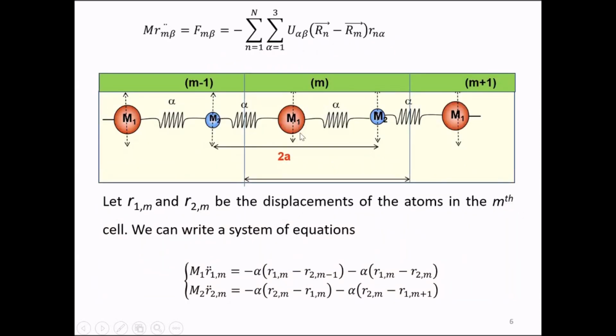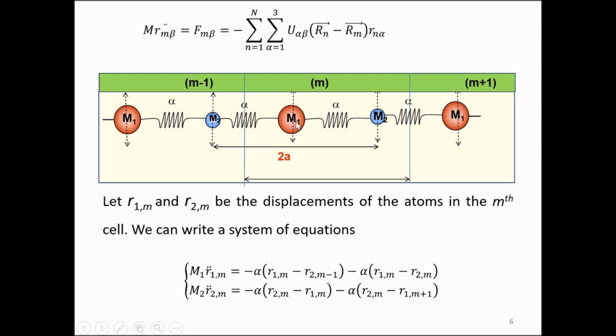We consider the interaction of one atom with the nearest neighbors only. For example, we consider this cell m with the two atoms, M1 and M2, in the cell m. So if we consider the atom M1 in the cell m, now a little bit complicated, we consider the atom M1 in the cell m.